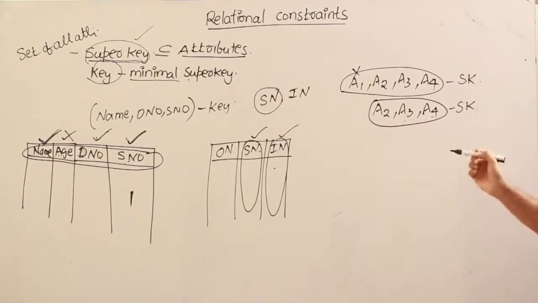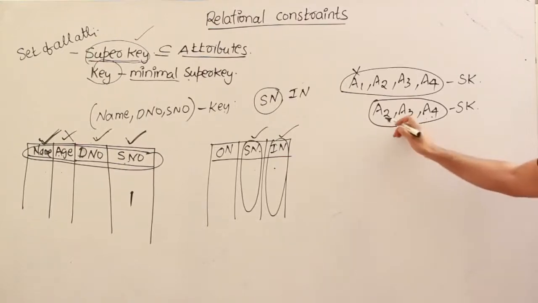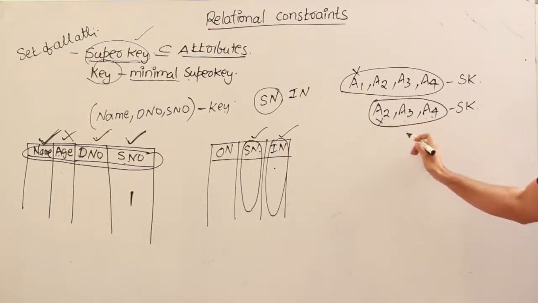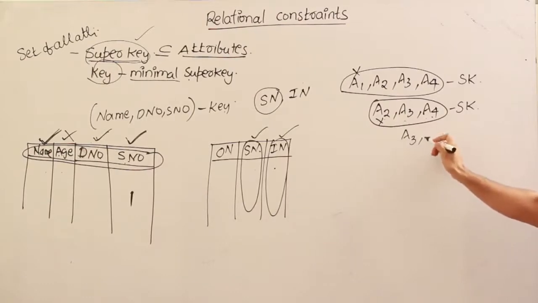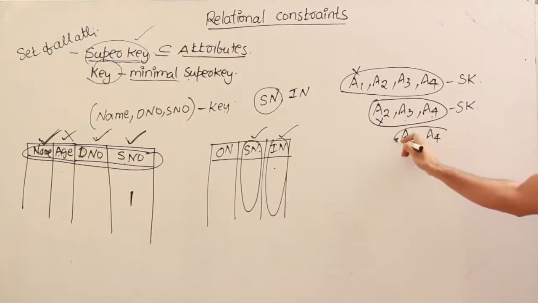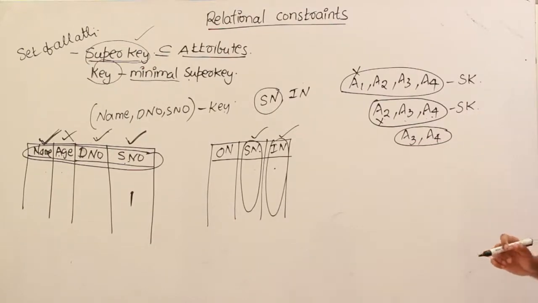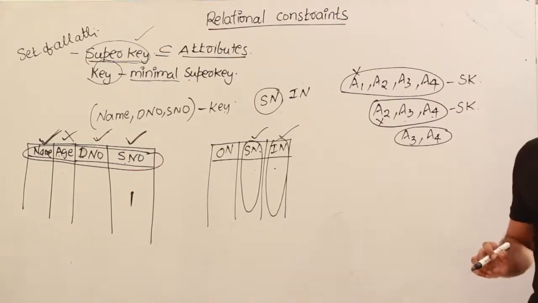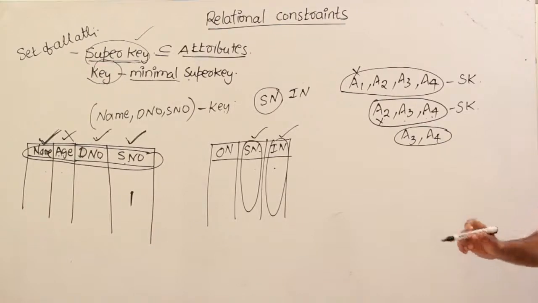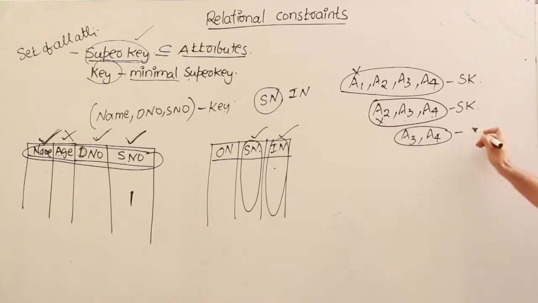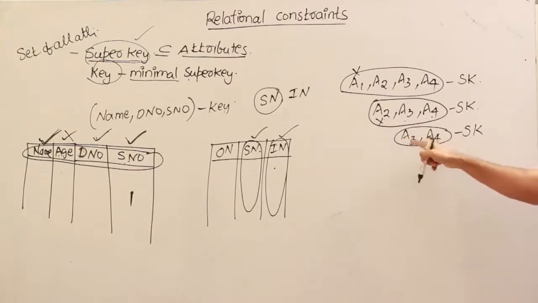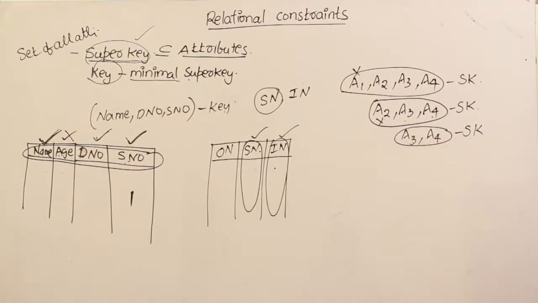Let us say it turns out that we can remove A2 as well, and A3 and A4 together uniquely identify a tuple. Should I call this combination a super key or a key? Definitely a super key, because no two tuples have the same values for these two attributes.